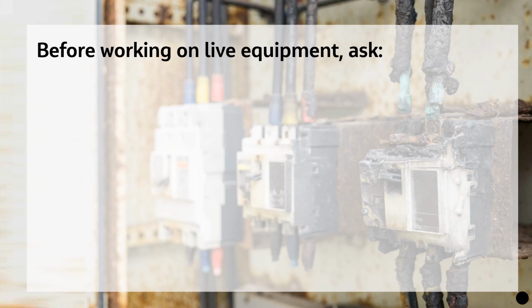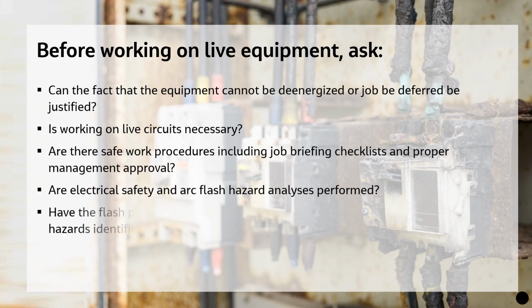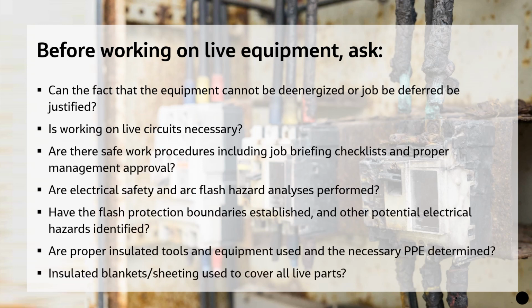Sometimes it is necessary to work on live equipment, and so if operators find themselves in that situation, it is essential that they get robust answers to these questions. Two of the more important things are making sure that proper work procedures exist and that an engineer has performed safety and arc flash hazard analyses in advance of working on that live equipment.